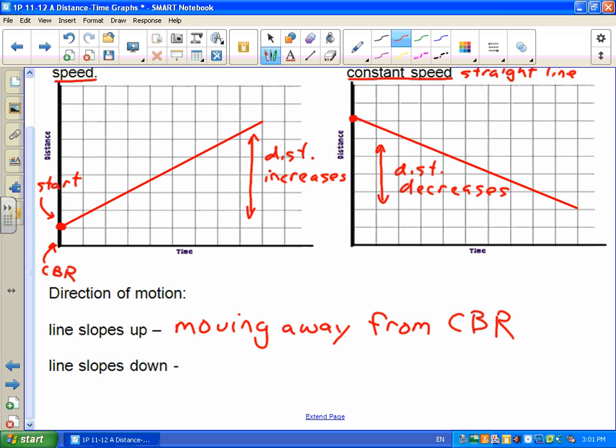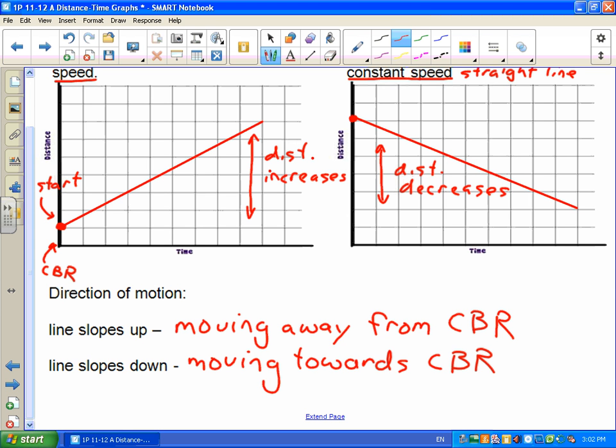Are they getting closer to it or further away? Yeah, they're getting closer. So they're moving towards it then. Okay. So those are the two things you want to keep in mind. Moving towards it, the line slopes down. Moving away from it, the line slopes up.